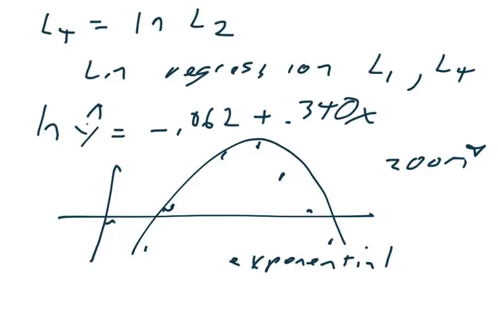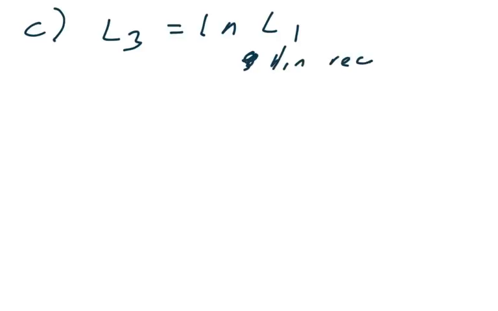So now we're going to do the part in part C, which is the power regression. So L3 is equal to the natural log of L1. And then find the same information for the equation of the line, so the linear regression for L3 and L4, which means we have natural logs in both of them.